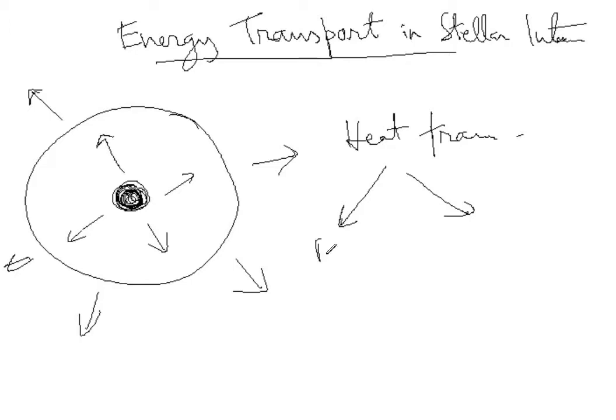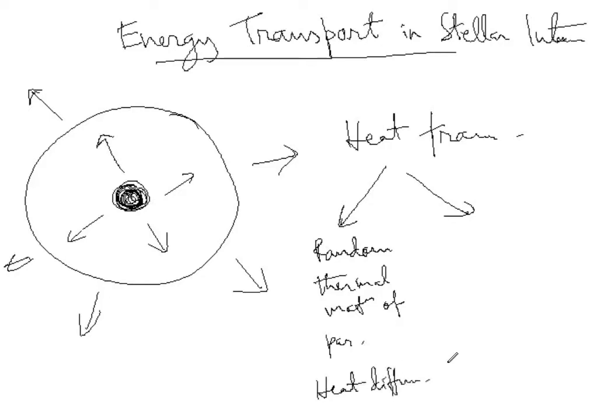One is random thermal motion of particles, and when I say particles, I mean both photons and gas particles, by a process that can be called heat diffusion. In the case of photons, the process is known as radiative diffusion, and in the case of gas particles, it is called heat conduction.